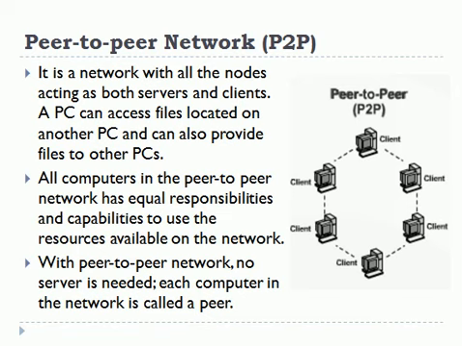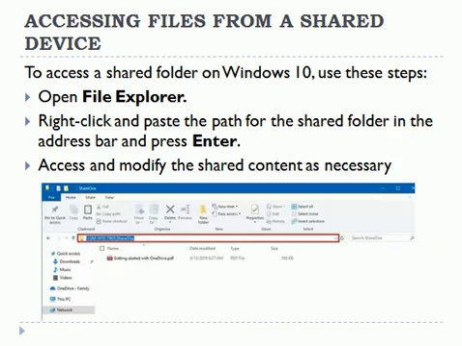Each and every computer in the peer-to-peer architecture has equal responsibilities and rights over the resources and files stored on them and on others also. So with a peer-to-peer network, no server is needed. Each computer in the network is called a peer. So in the peer-to-peer architecture, each and every computer is known as a peer.